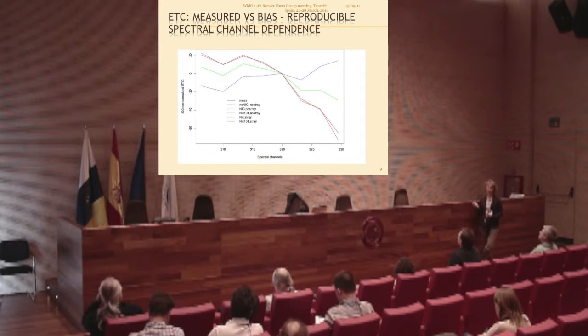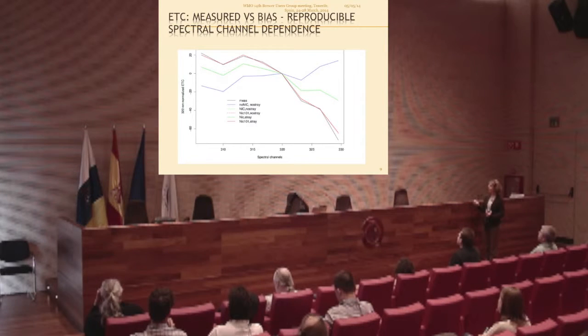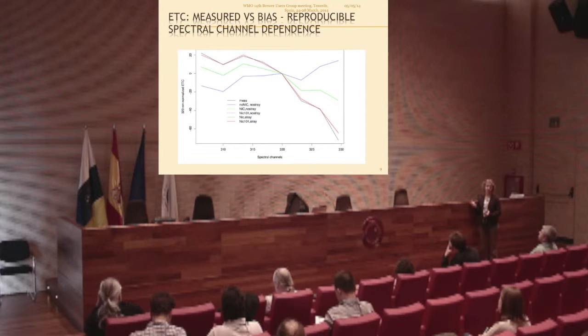And in this case, Patrick did a characterization of one of the instruments, and so we had the ETCs for different spectral channels. And here I'm just showing that this is his measurement, and I'm trying to reproduce it. And I can do it if I have a good idea of what my nickel sulfide spectral transmission is, and if I know what the stray light of the instrument is, I can do it.